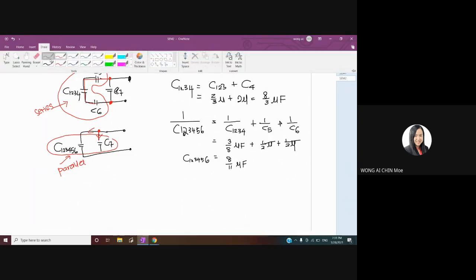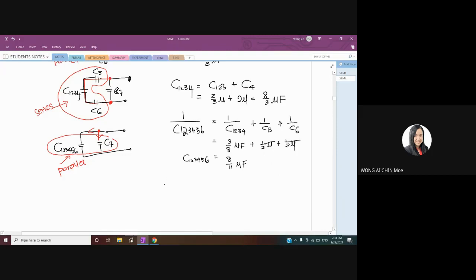So our C effective, the last one, or we can write C1234567, is equal to C123456 plus C7, where C123456 is 8 over 11 microfarad plus 2 microfarad. So finally, we will get 13 over 11 microfarad, or if you press the calculator, you get 2.73 microfarad. So this is the C effective or C total.